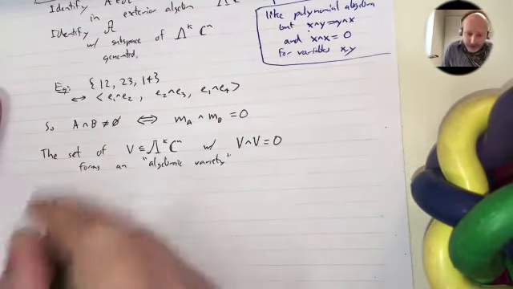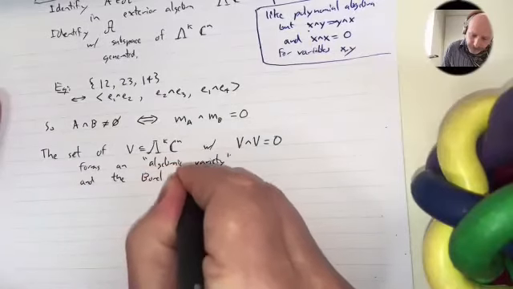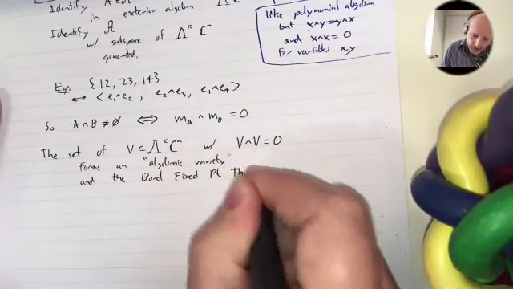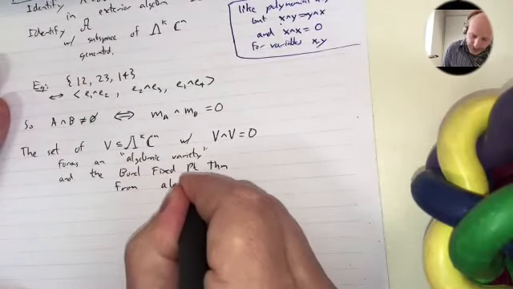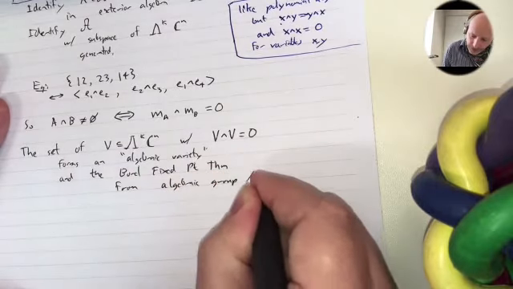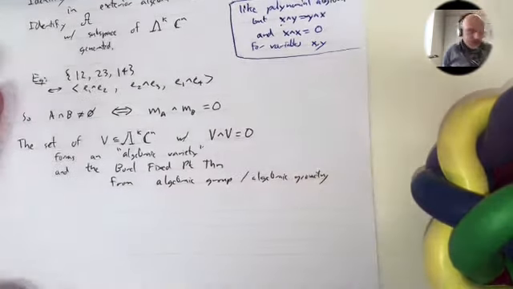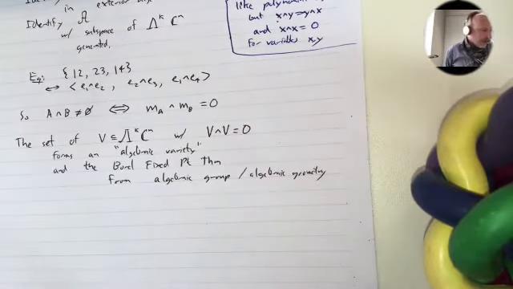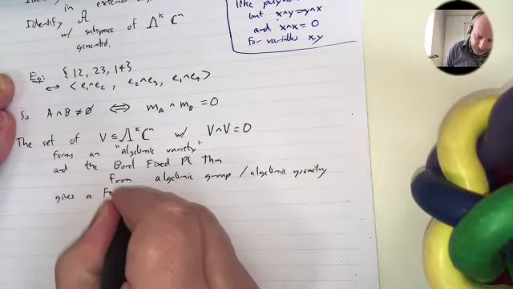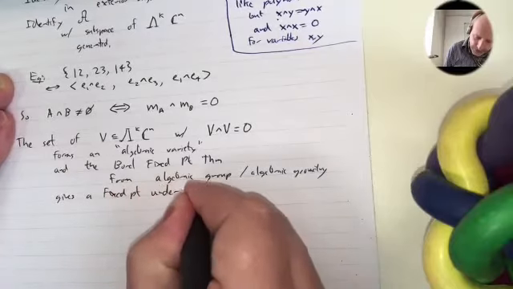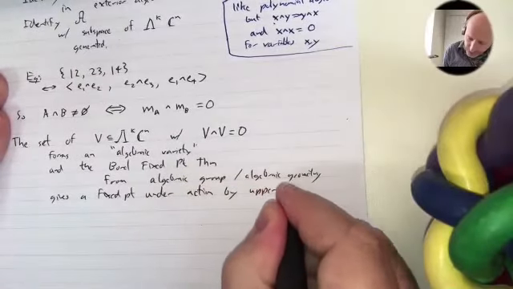But the advantage of this is that the Borel Fixed-Point theorem, which, I don't know if this is from algebraic groups or algebraic geometry, but probably you should think of it as being from both, gives a fixed point under the action by upper triangular matrices.